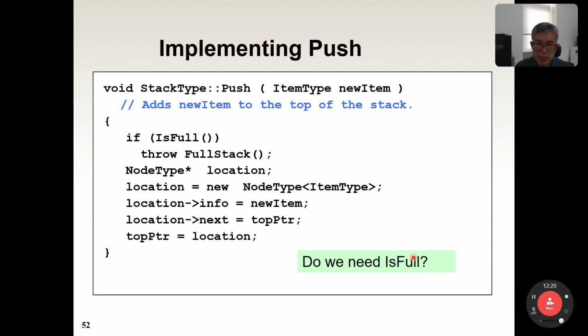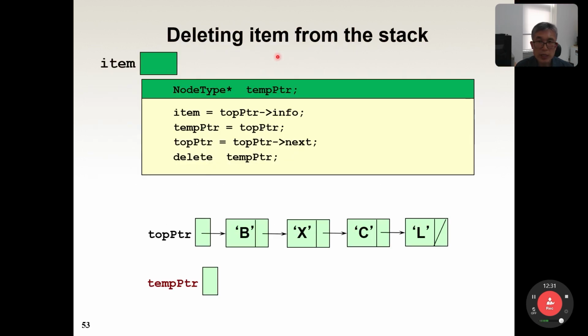Actually it's not, okay. We handle this new allocation, but this is a mimic of the previous array-based stack. So, deleting an item from the stack here, okay, with a temporary pointer.